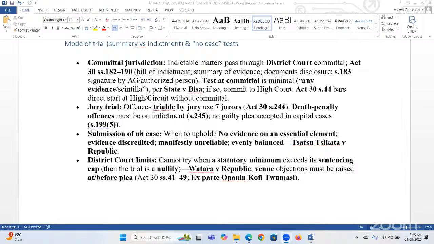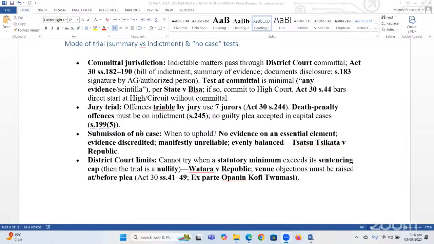And when it comes to offenses which require the death penalty, for example, automatically it will be tried on indictment. Apart from murder, there are other offenses which the Attorney General can elect to be tried on indictment.